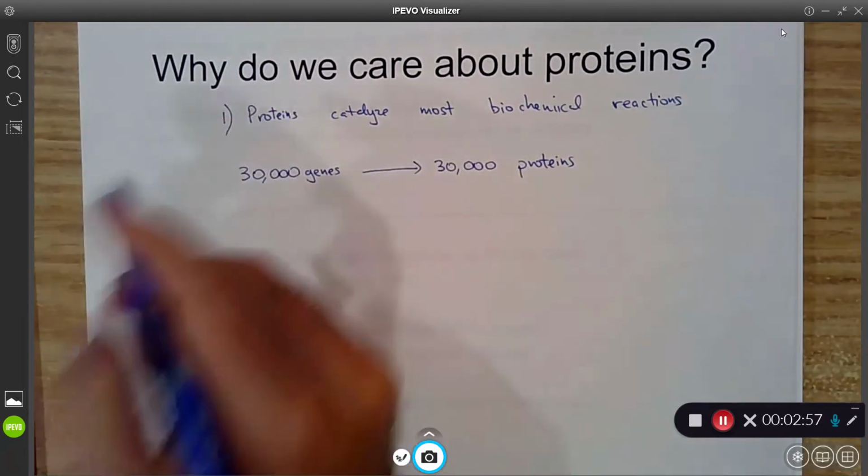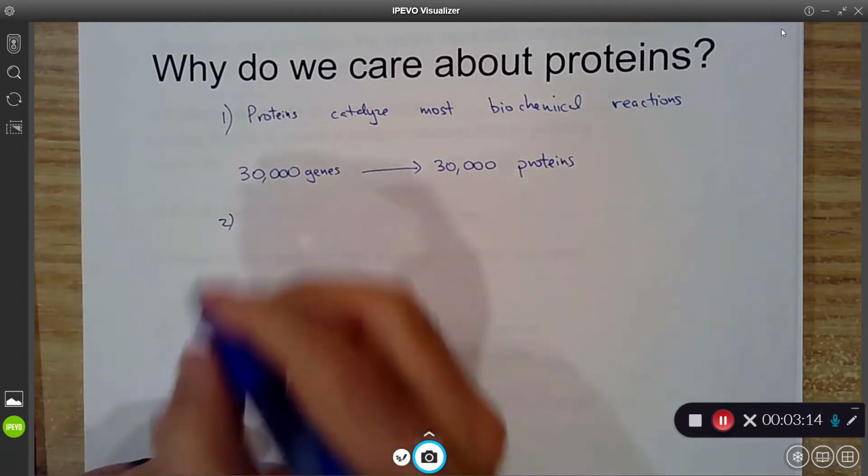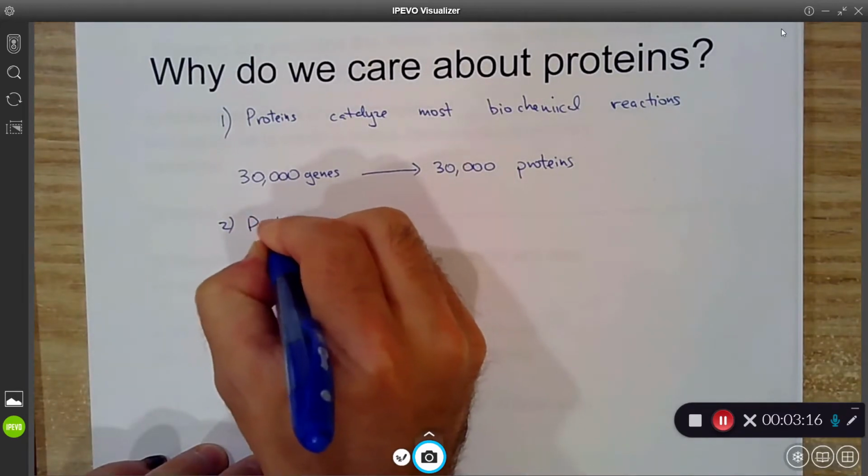Some other good reasons why proteins are important is that proteins are excellent drug targets. So as I talked about in that introductory lecture, most pharmaceuticals target enzyme active sites and inhibit the function of a protein. So by understanding the function of the protein, you can actually design very good drug targets.